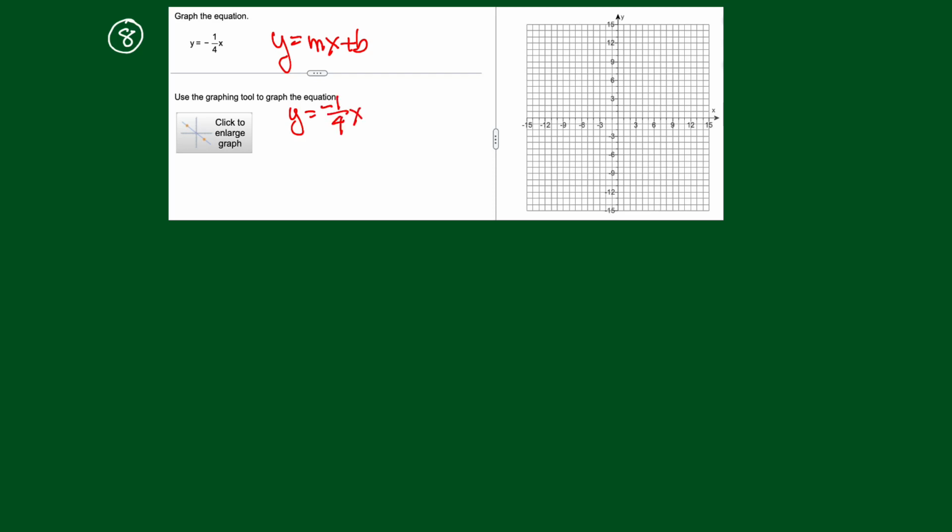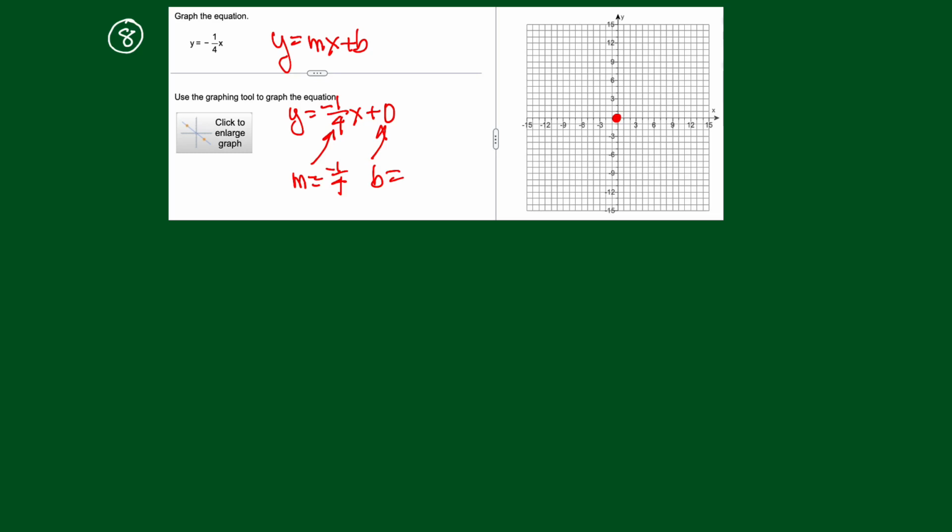Now, b, there's no number out here, but you can write one as including a 0, right? -1/4 x plus 0 is really -1/4 x. But now I've got m, and m is -1/4, and b is 0. So this crosses right at the origin. This line goes right through the origin, right there. And the slope is -1/4.